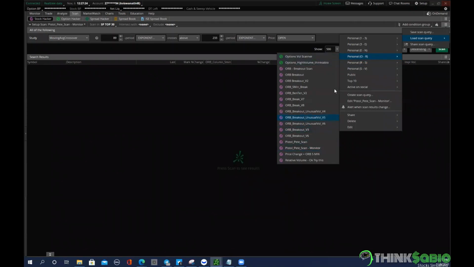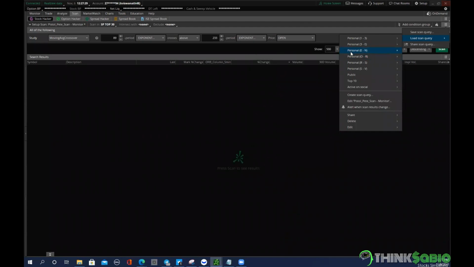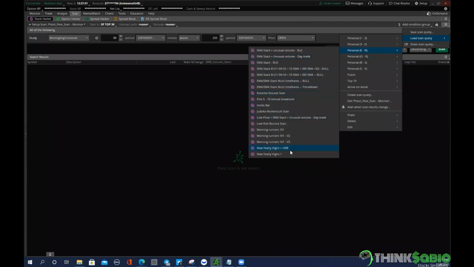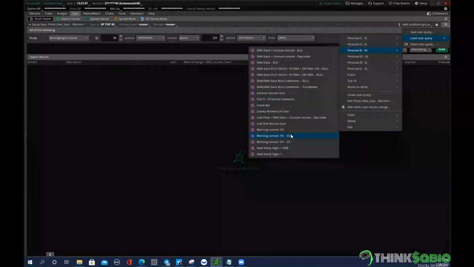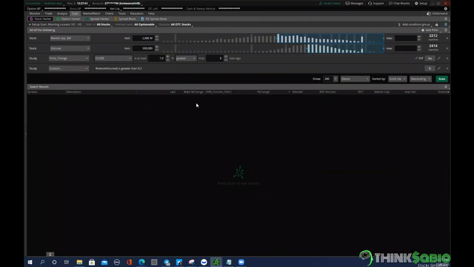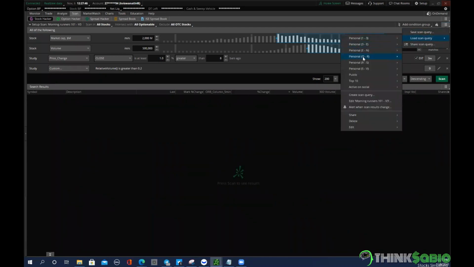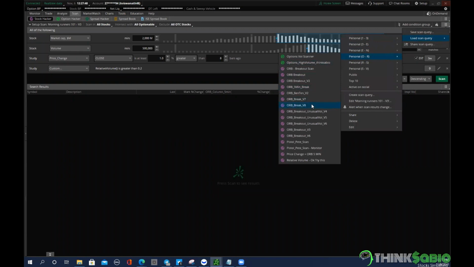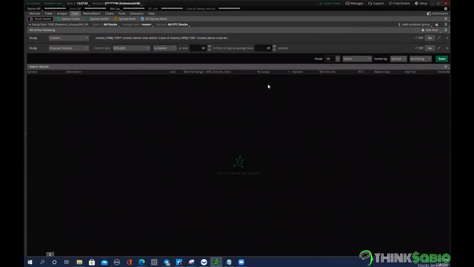So the one that I think I've been using, let me see where this is. Where is this? So morning 103, let's see if this has, so this is the relative scan that I've been using. Let me find my opening range breakout, unusual volume V6, I guess this is the one that I'm using.